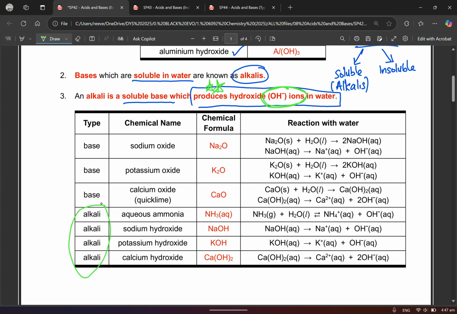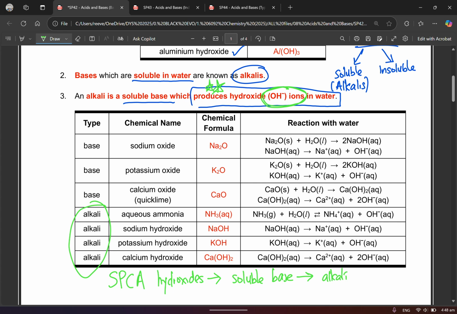The last four are actually my SPCA. I believe I mentioned SPCA. All my SPCA hydroxides are the alkalis because they are soluble. They are my soluble bases, and that's why I call them the alkali.